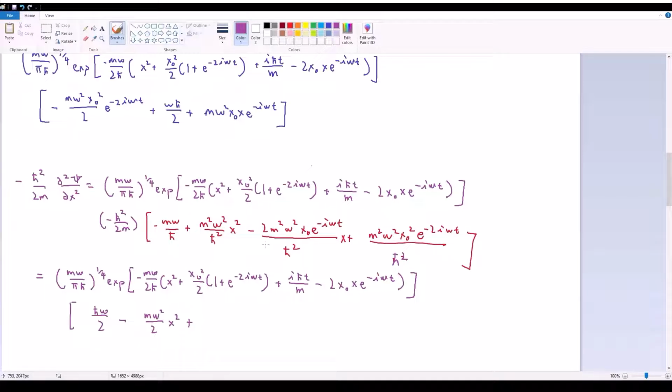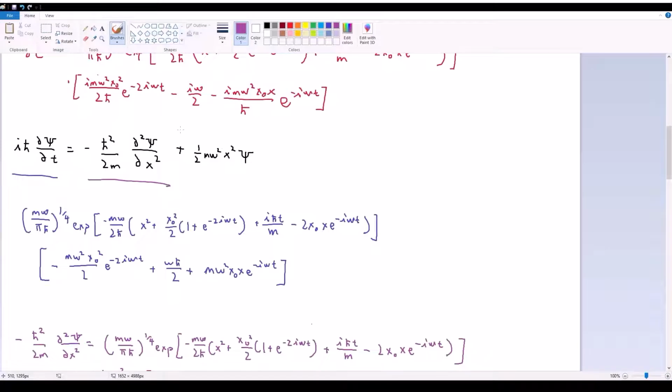So, okay, this third term, two negatives make a positive, h bar squared cancels out at the top, the 2m cancels out at the bottom to make m omega squared x naught e to the negative i omega t multiplied by x. Is that correct? H bar squareds cancel, 2 m's, we get m omega squared x naught e to the negative i omega t x, yeah? And then subtracted by, we have two h bar squareds that cancel again, and we get at the top m omega squared x naught squared e to the negative 2i omega t, and at the bottom we get a half.